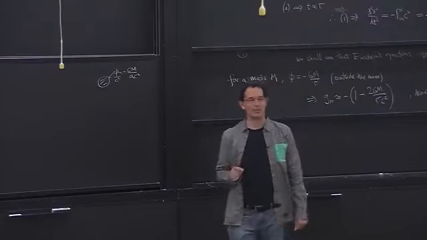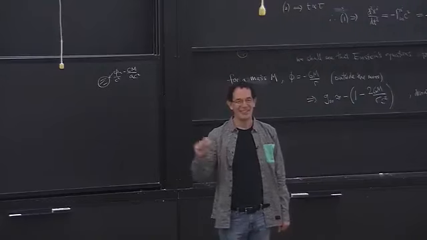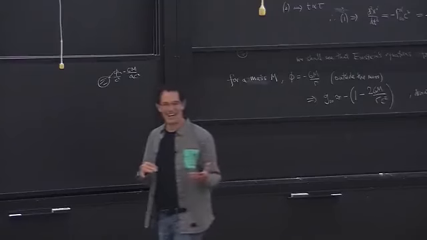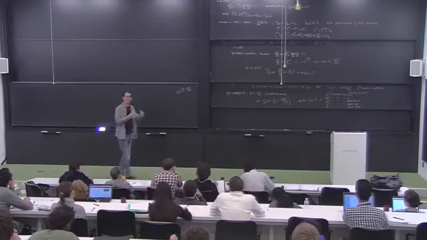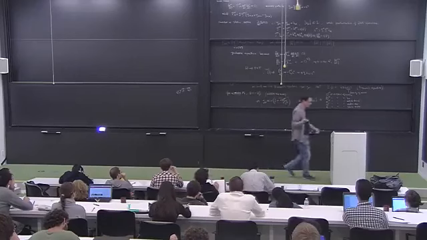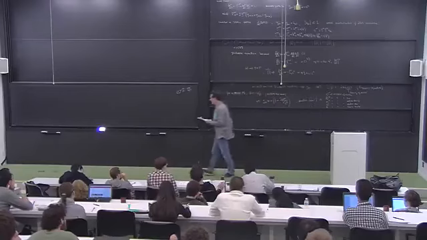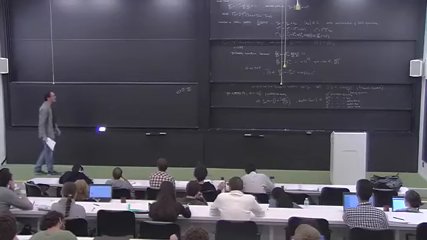And he got a result which is wrong by a factor of 2, because he forgot about the Gij. So it turns out the Gij gets disturbed by exactly the same amount. And if you put both factors in, you get the correct deflection of light. We will do that later. So another mistake, but not a very serious one.